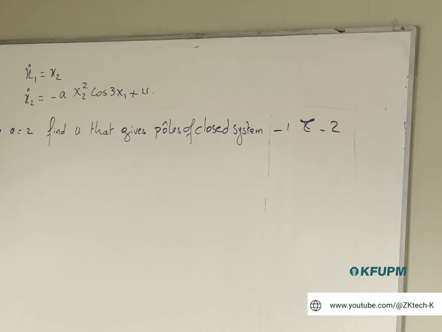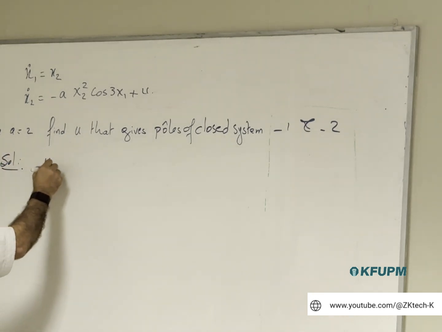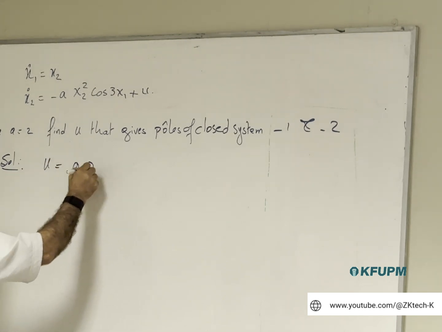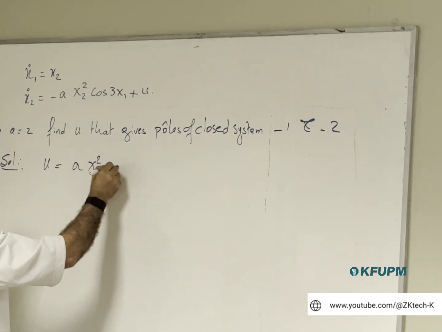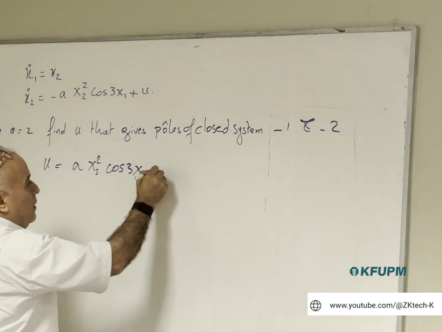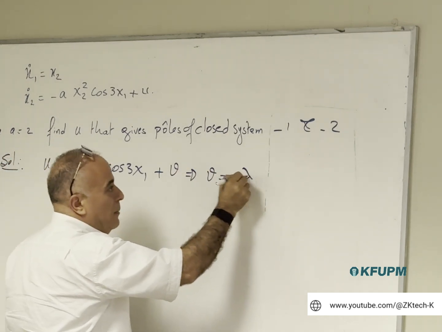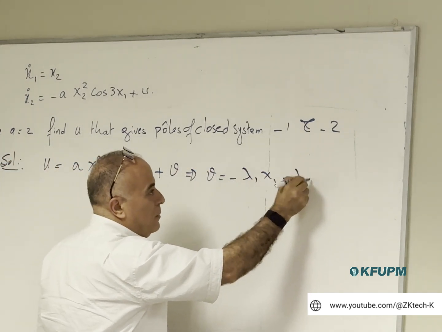So what controller am I going to use? Feedback linearization. A is well known, so feedback linearization solution here: u is equal to A x2 squared cosine of 3x1 plus v, and you can say v is equal to minus lambda 1 x1 minus lambda 2 x2.